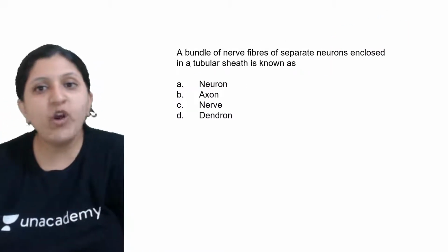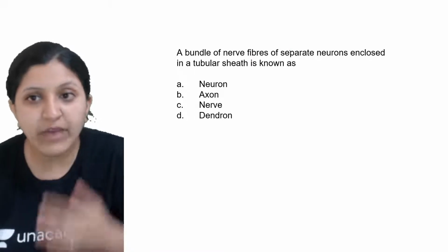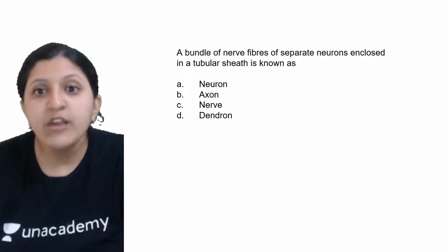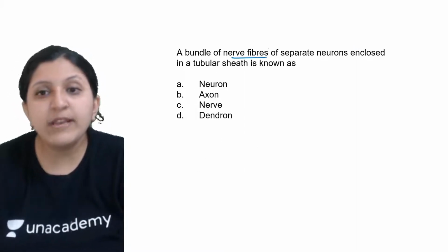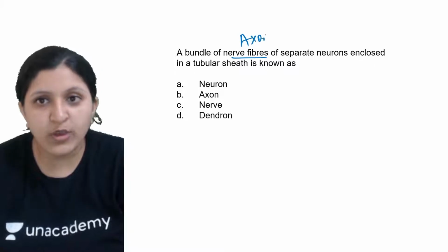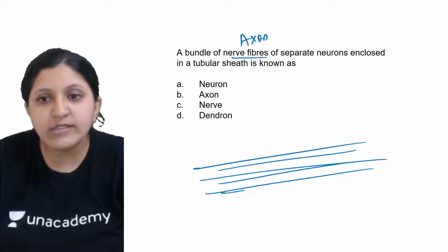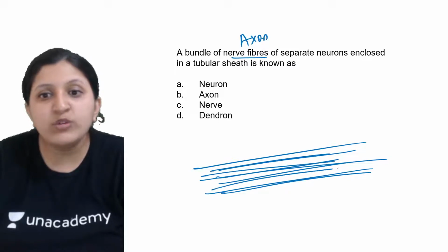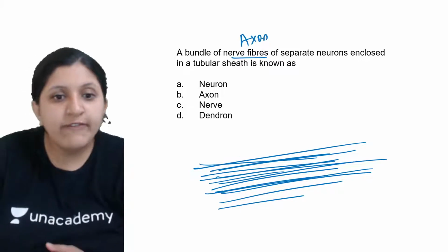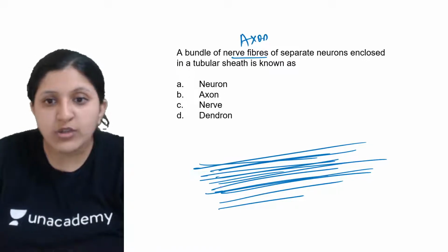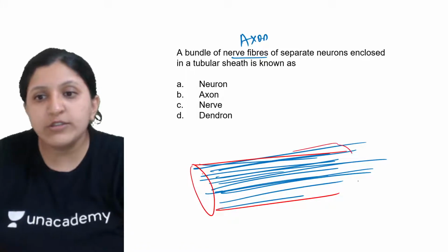Moving on to the next one: a bundle of nerve fibers of separate neurons enclosed in a tubular sheath. Nerve fiber is an axon, so a group of axons are enclosed within a tubular sheath.